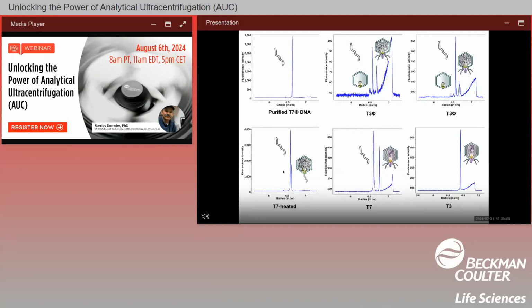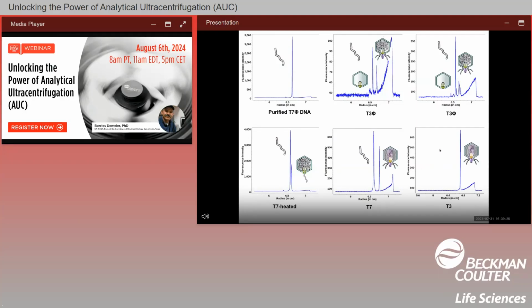And based on where that position is, you can then identify what the species is that is being sedimented here. And you can have mixtures, and you can get very high resolution between these. And that gives you nice composition information about what possible capsid species may be present in your experiment.